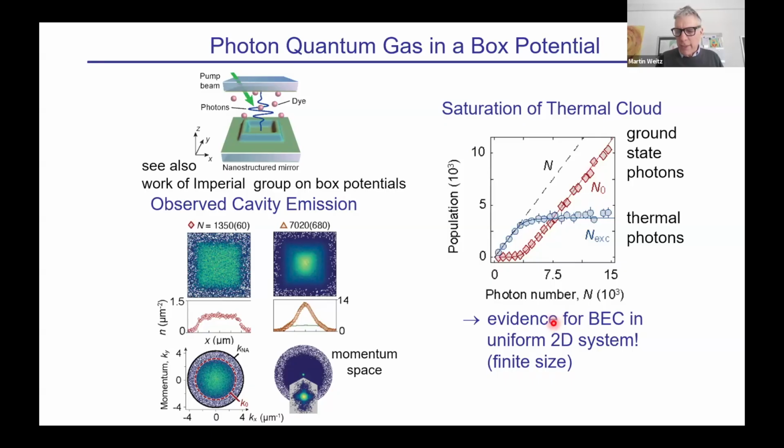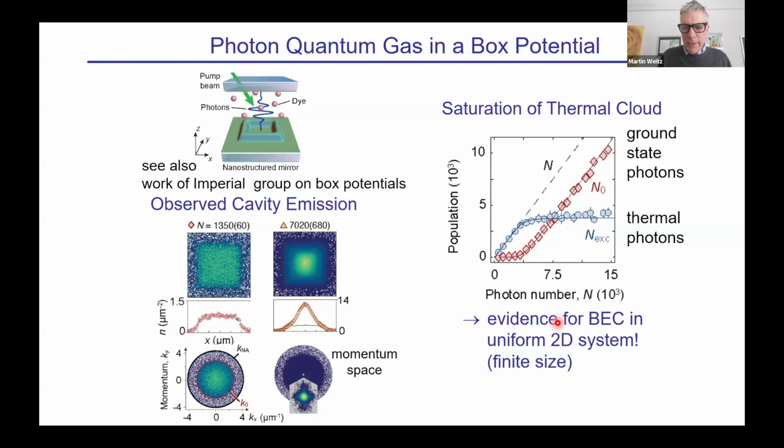It looks like a condensate, but it's a finite size effect. It cannot really be distinguished from a Bose-Einstein condensate, but in a strict theoretical picture you cannot do the extrapolation to infinity, but it is essentially like a Bose-Einstein condensate.